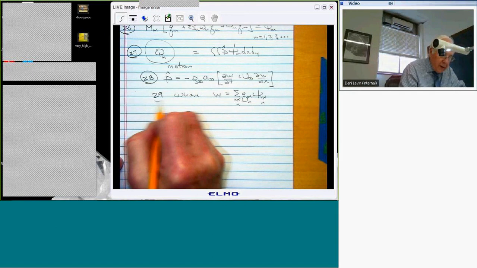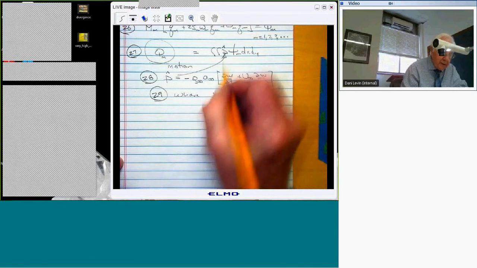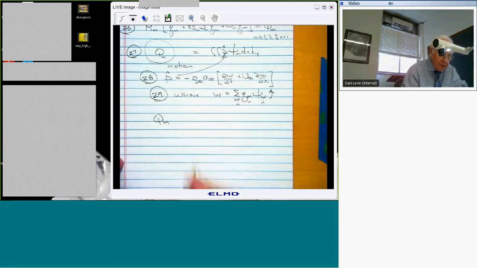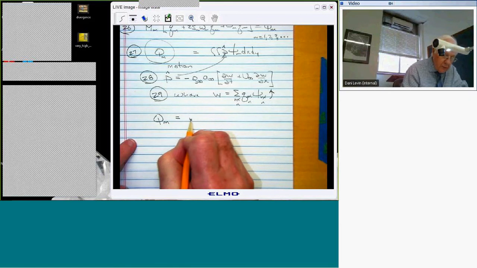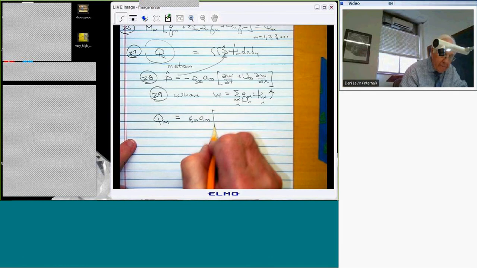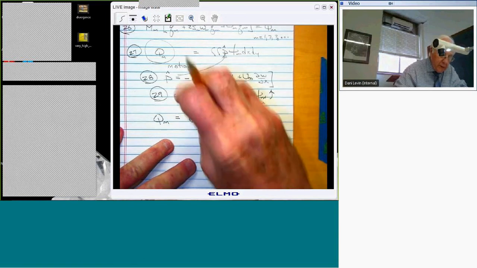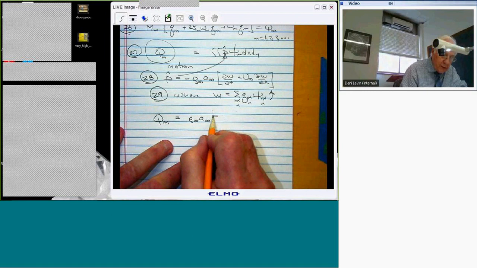If I use 29 in here and use this in there, then I'll get the expression for the nth generalized force. It will be equal to rho infinity, a infinity, which are constants which come outside. And now I'll have a sum over all the modes, n.